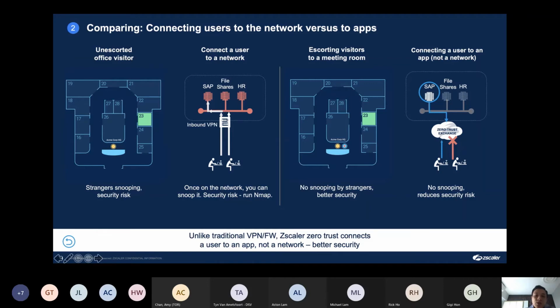And this is the real way to do zero trust. We should never trust the identity of the user and grant them network access. We should not trust the user because they are from a trusted network. We should always have a broker-like component to escort the user to the right application and that application only, and only to those privileged applications.